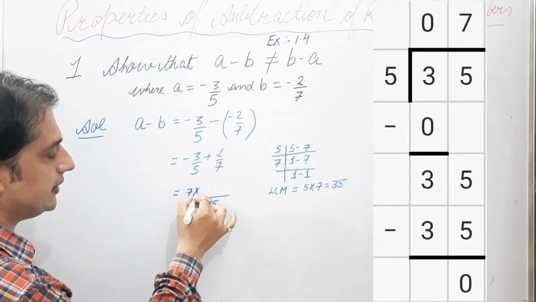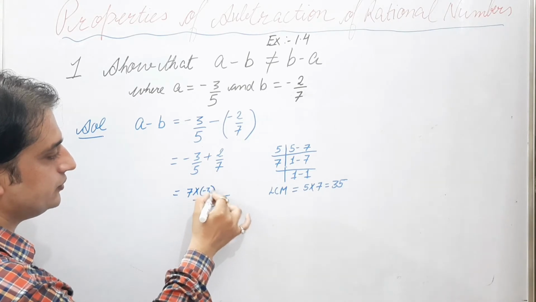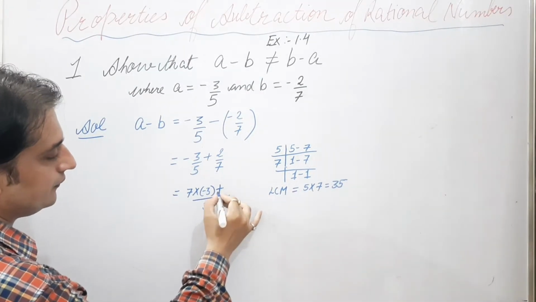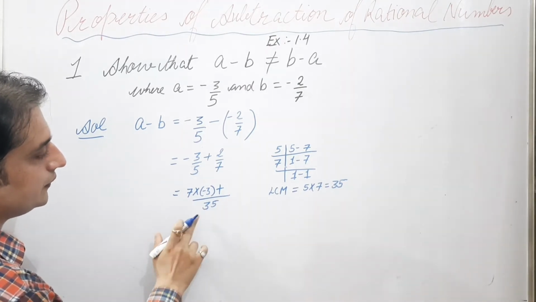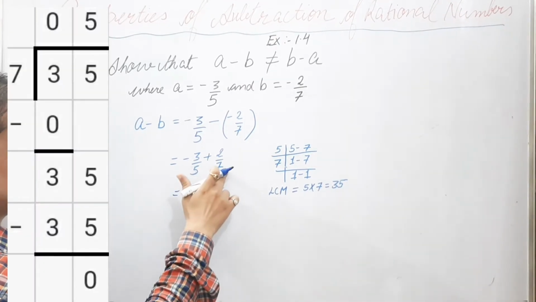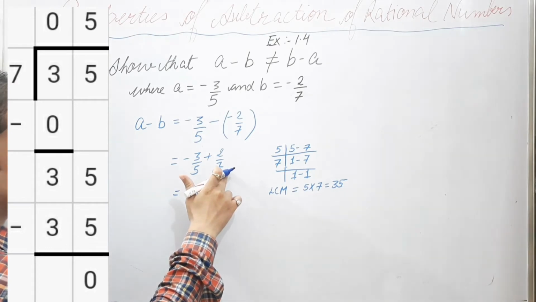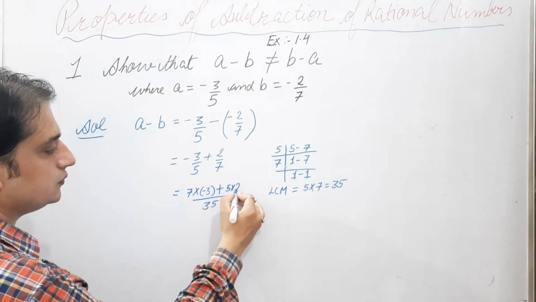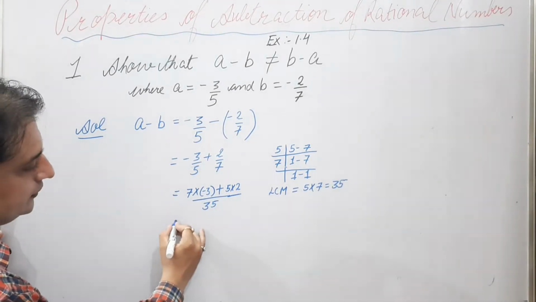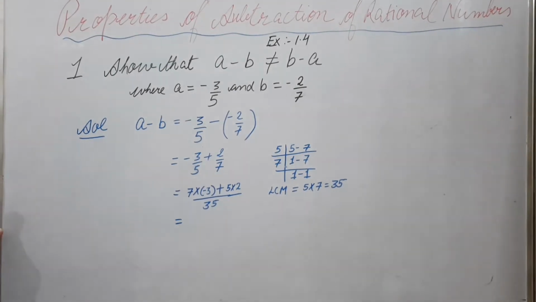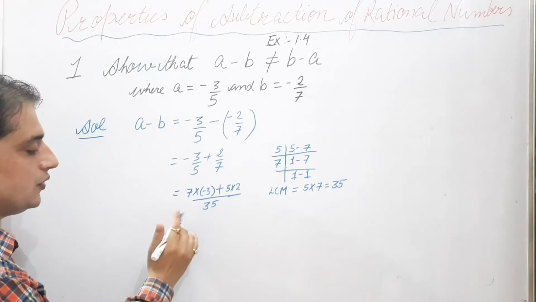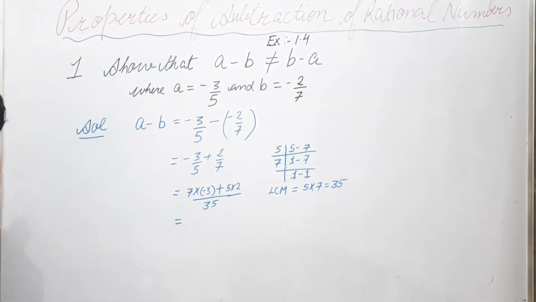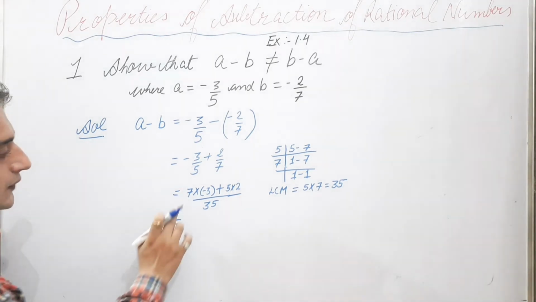So 7 multiply minus 3, right? Plus 35 divided by 7, 5, which is to multiply with 2, right? See here. Now here according to BODMAS, we will firstly multiply and then add.